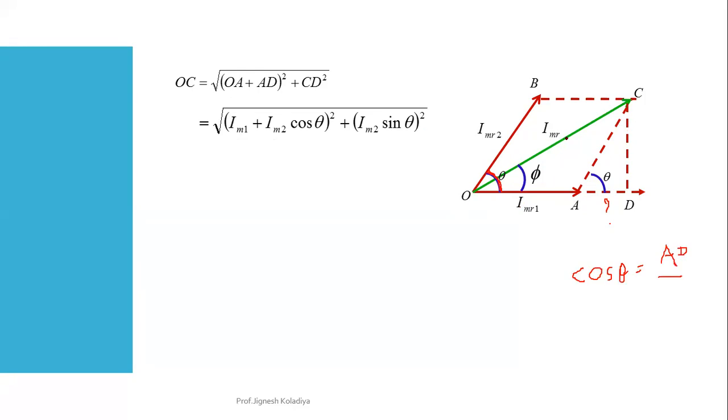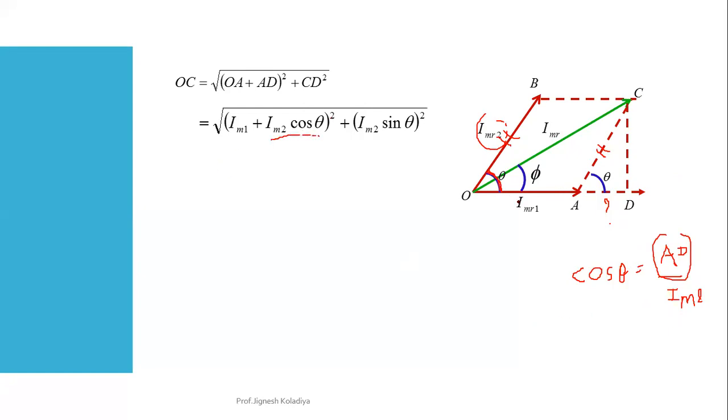Hypotenuse is AC, sorry, not OC but AC. So AC is equal to IMR2, right? Both are the same. So I can write IMR2 or IM2. Take this IM2 on this side, so you will get AD equals IM2 cos theta.